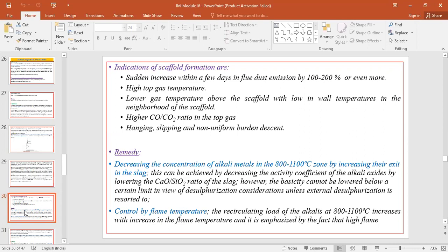And also, we have to make sure of the kind of refractory bricks we are using, the texture of the refractory bricks at the shaft part of the blast furnace. It should have a very low porosity.